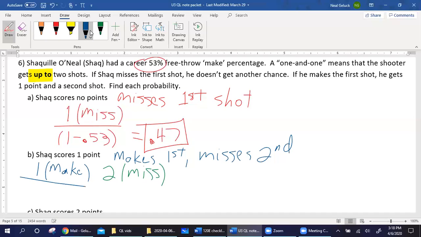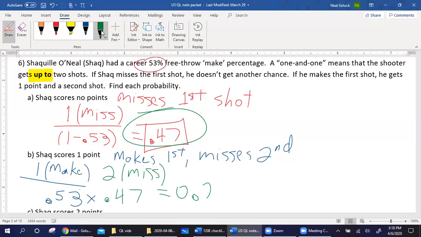So the probability of making the first shot is 0.53. The probability of missing the second shot, well, we just did that on the previous problem. The chances of missing a shot for him is 0.47. So we're going to multiply those together, and that will give me 0.2491.